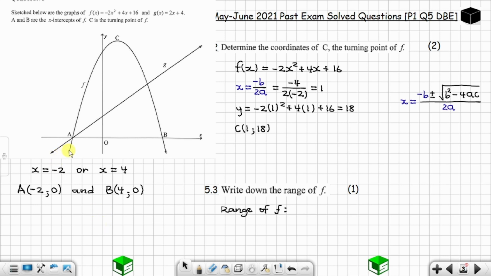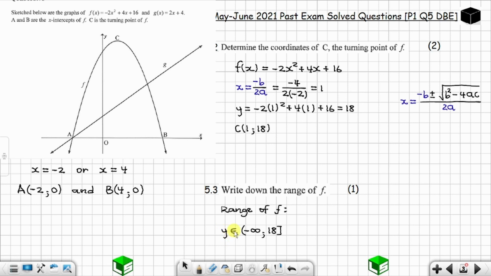You can see the graph is still continuing. So you can write it as y element of negative infinity, you start with the smaller number, negative infinity, and then you go up to 18, so comma 18. From the smallest, negative infinity, to the highest, 18. So this is the range of f.